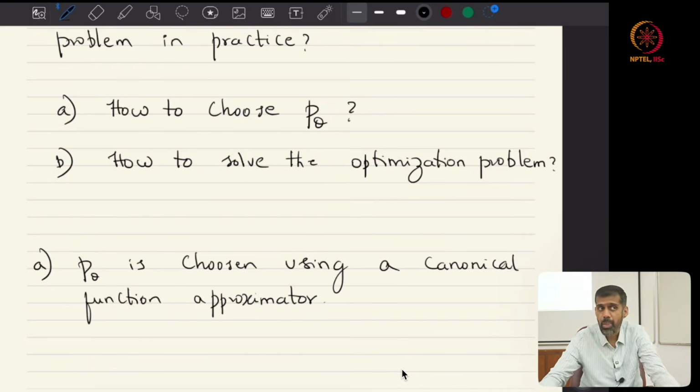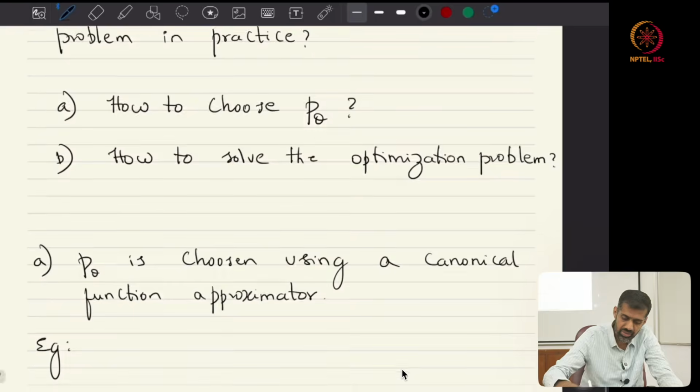So what does this mean? We first assume a functional form on p theta. We can assume that p theta is a Gaussian distribution. The example is, let me write it in the next page.